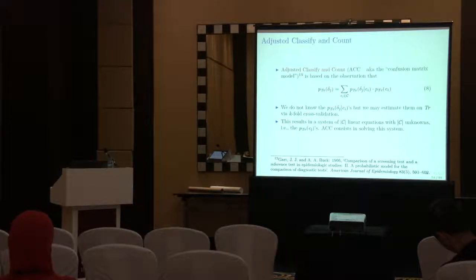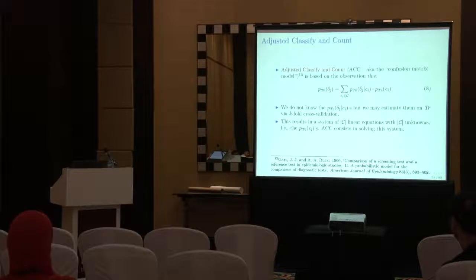And these are the probabilities of misclassification. And the idea is that these probabilities of misclassification, we don't have them, but we could estimate them on the training set via k-fold cross-validation.